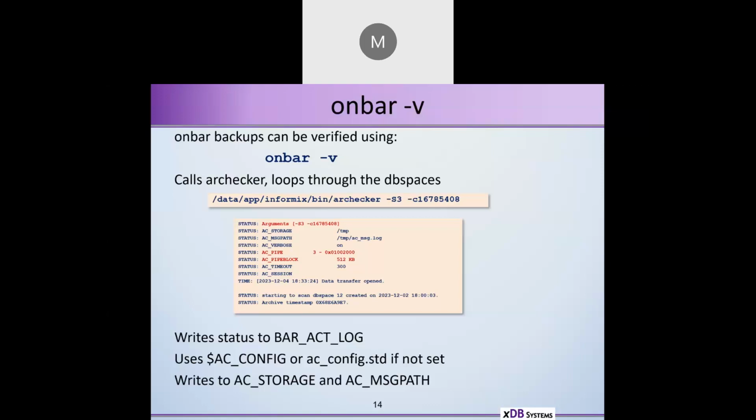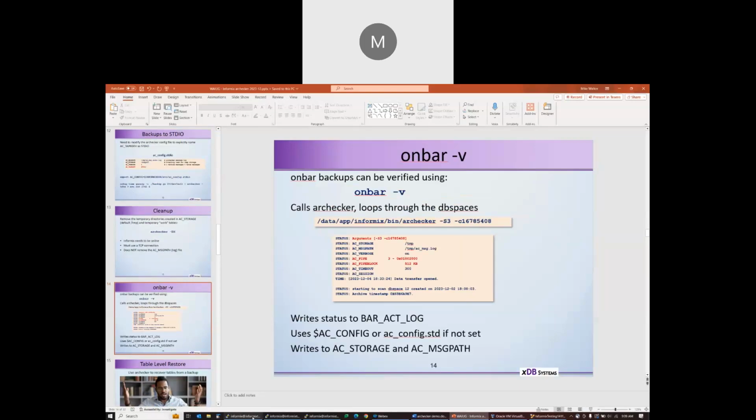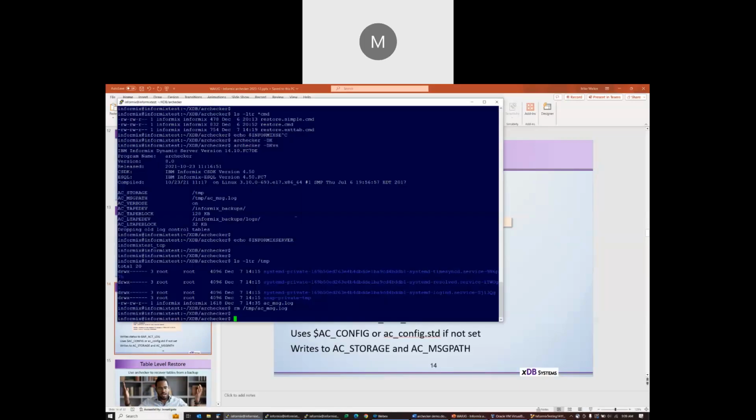Okay, I'm going to just jump into a demo now, before we move on to the table level restore stuff. Okay, so hopefully that's coming up okay. This is my little VM.